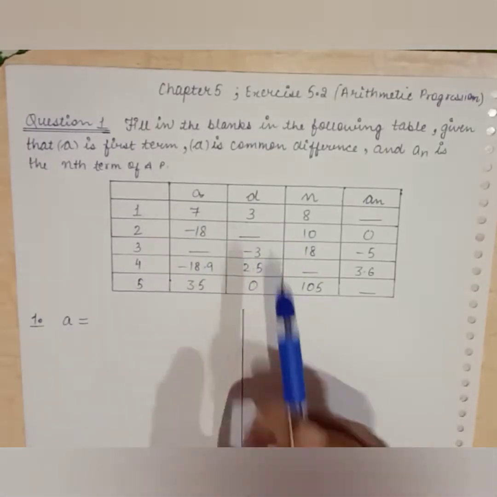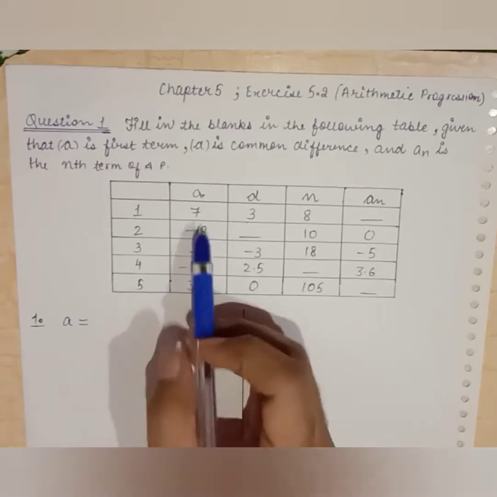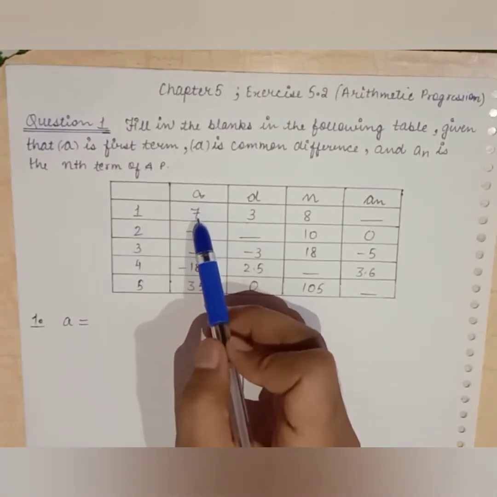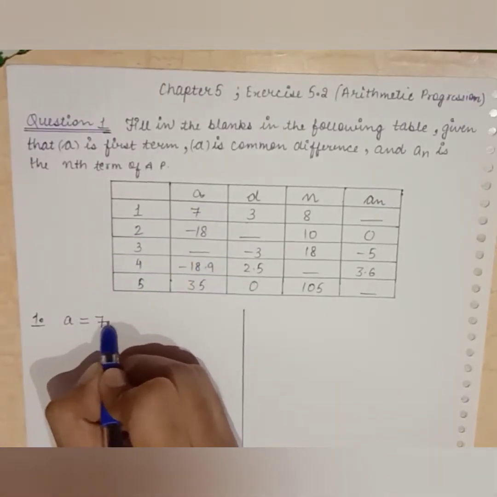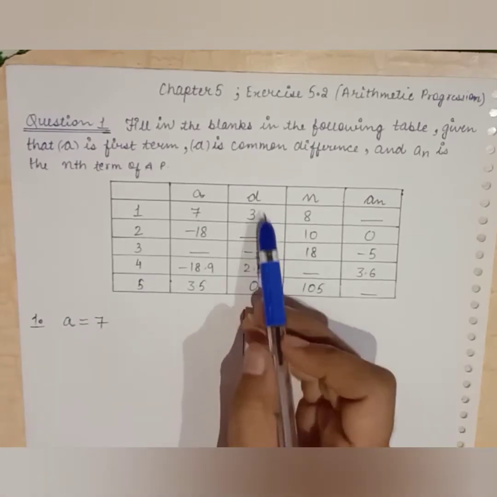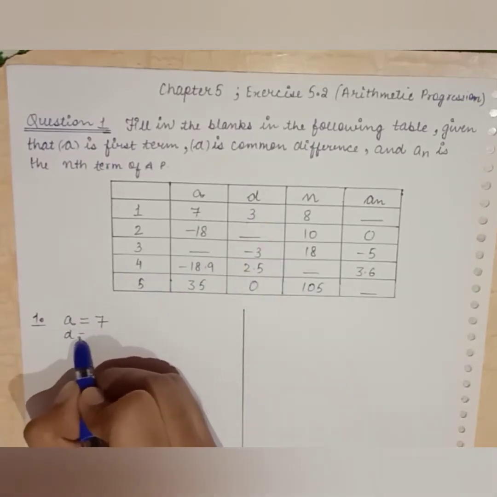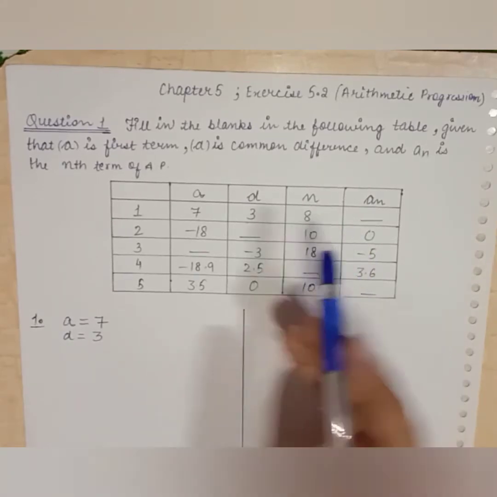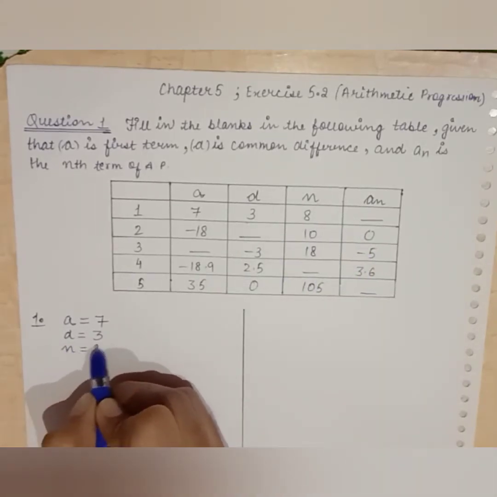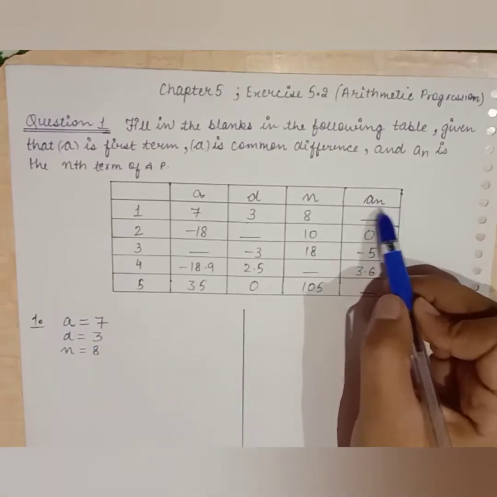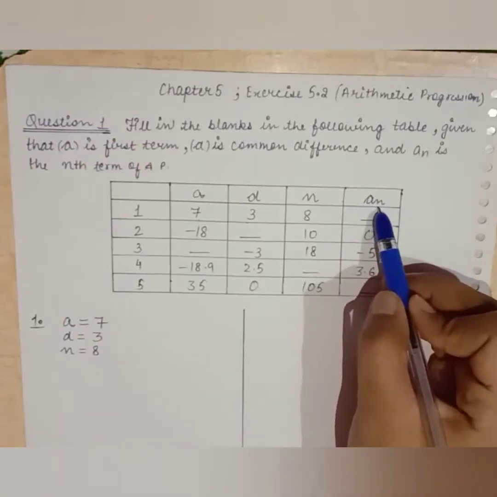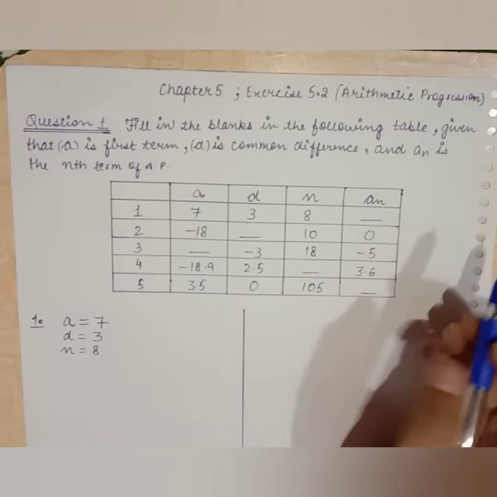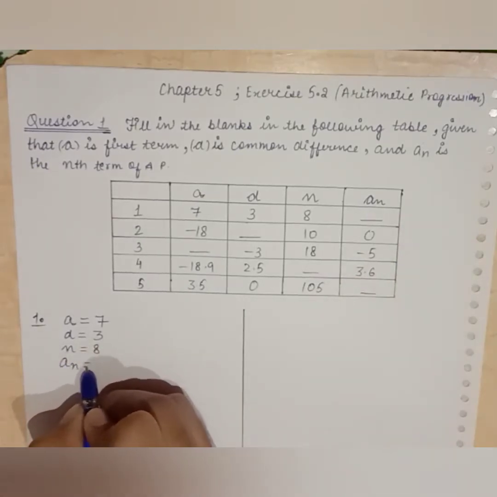So let us start with the first question. In this question we are given a is 7, a is our first term, common difference d is 3, and n is 8. But we have not been given the nth term, so we have to find the nth term.